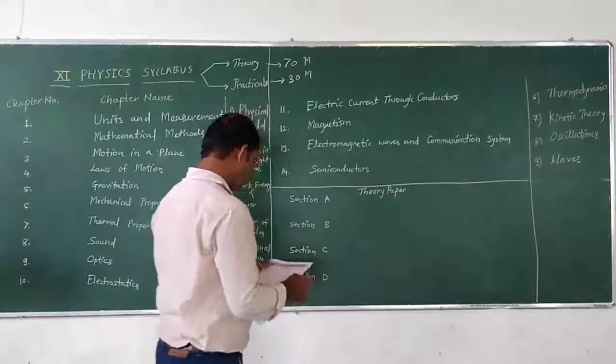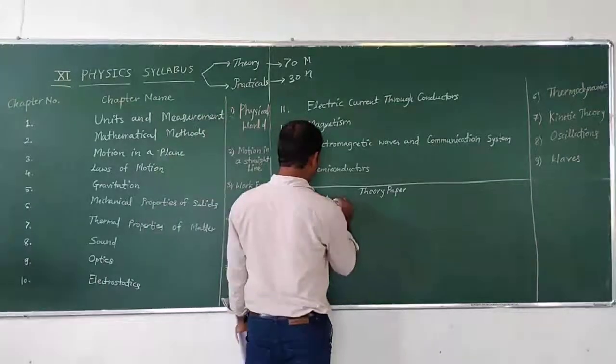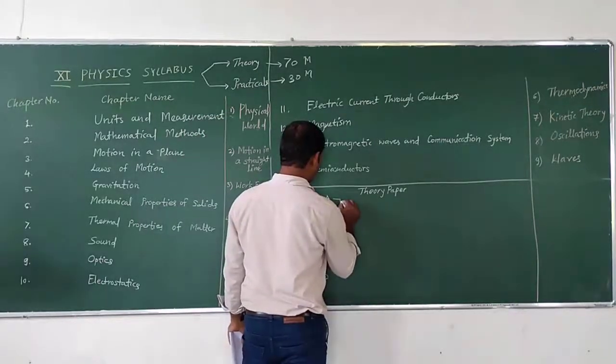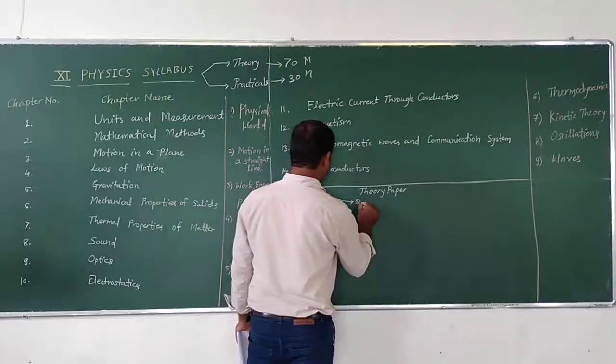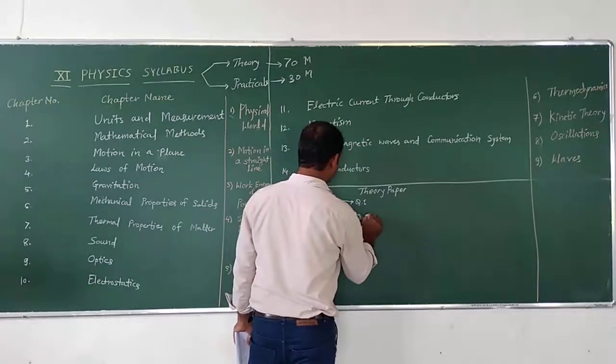In section A there are 2 questions, question 1 and question 2.